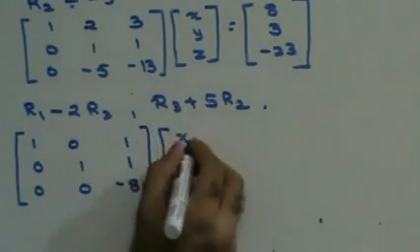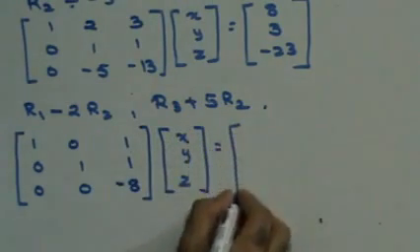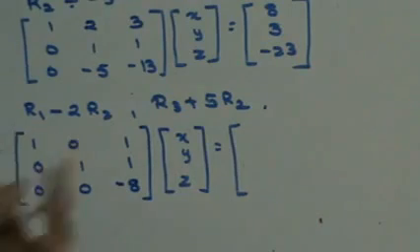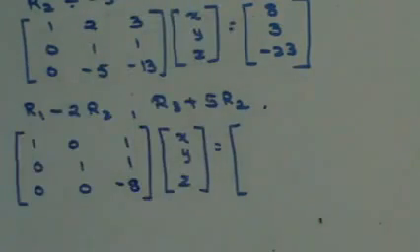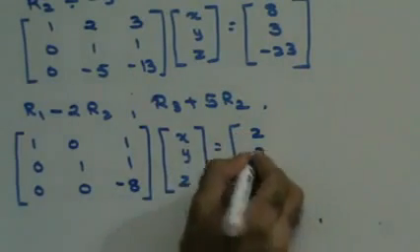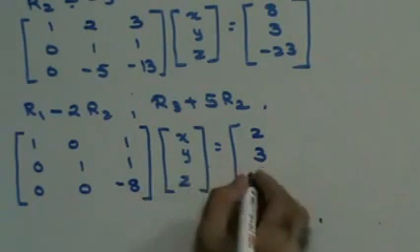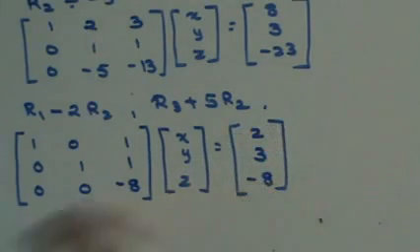X, Y, Z is going to be equal to, now R1 minus 2R2: 8 minus 6, that is going to be 2, 3 as it is, minus 23 plus 15, which will give you minus 8.